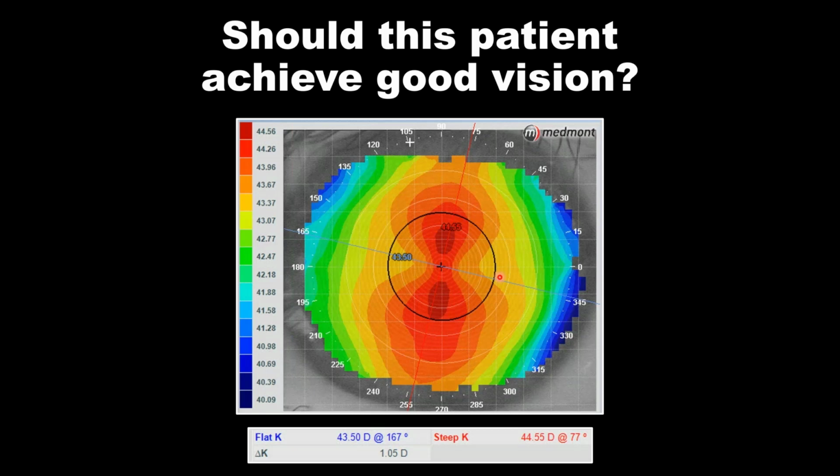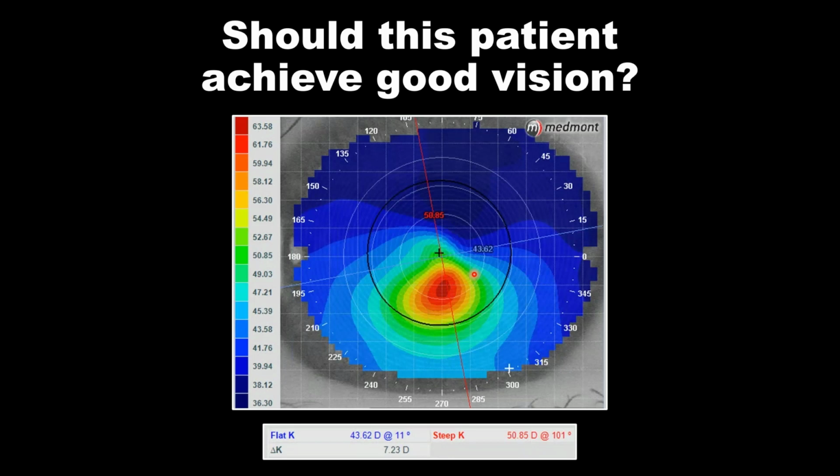This eye is about as symmetric as it comes, at least for an astigmatic eye. The flat meridian and the steep meridian are 90 degrees perpendicular from each other. So this means that spherocylinder refraction should correct this patient very, very easily to a high level of visual acuity.